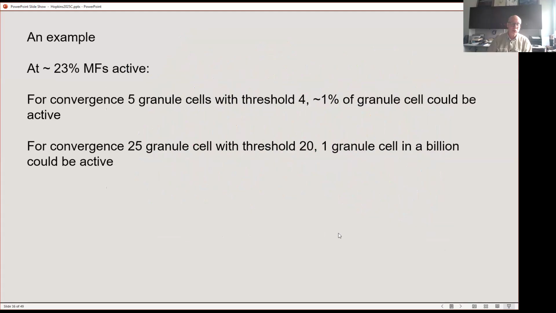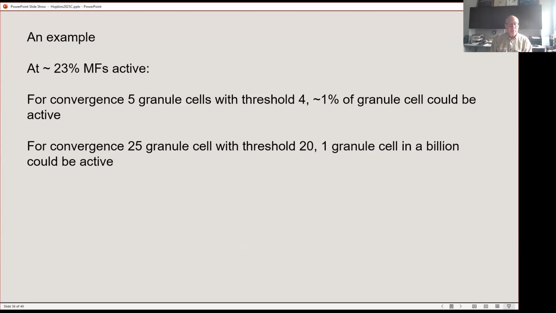Here's an example, just picked from those curves. If about 23% of the mossy fibers are active, for a granule cell with convergence 5 and threshold 4, about 1% of them are going to have 4 or more of their mossy fiber inputs active. For convergence 25 and threshold 20, one granule cell in a billion would have 20 of their inputs active.